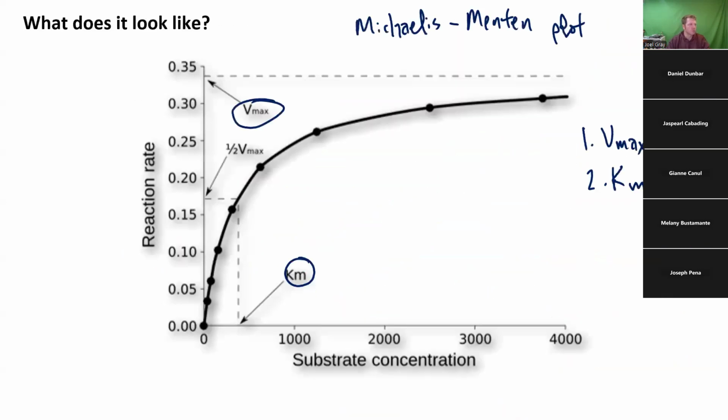So here, units for Km might be something like micromolar or nanomolar or heck, molar. Now, based on that, could you tell me what are the units for Vmax? Make an approximation as to what Vmax. Add it to the chat.